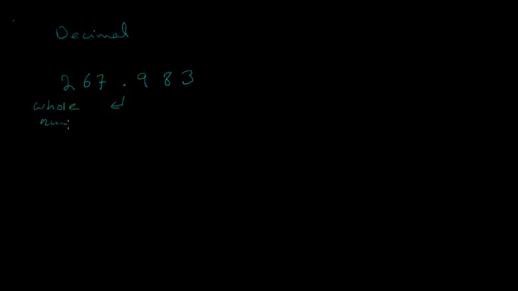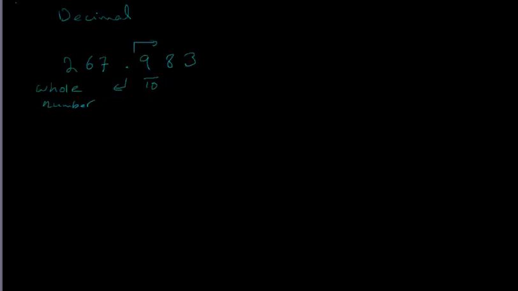As we move further left, every number place gets 10 times bigger. The first digit on the right means tenths, 9 tenths. As we move further right, every number place gets 10 times smaller.